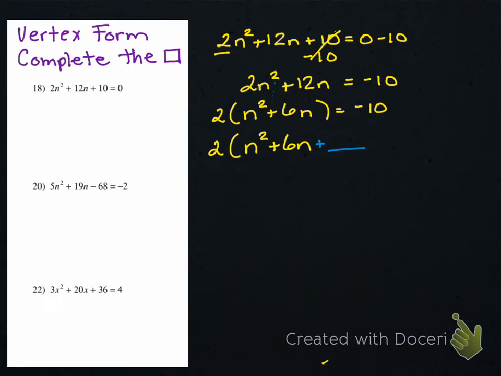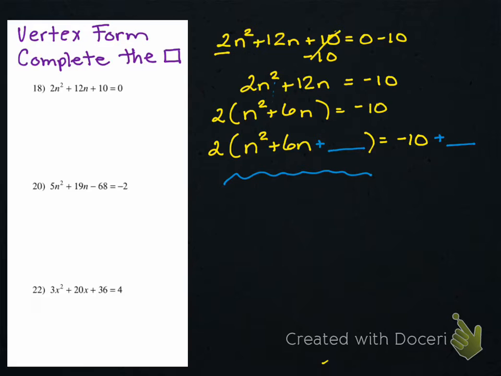There's going to be a bunch of color changes here, and I'm going to explain why after I add a blank on the other side as well. What I'm doing is forcing this left side to be a perfect square. This is why it's called complete the square. I'm forcing that little trinomial inside the parentheses to be a perfect square trinomial, so that I can express it in a factored form, which is also conducive to the vertex form.